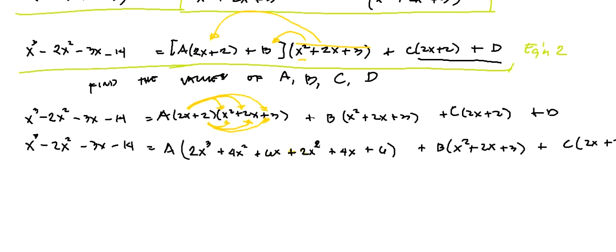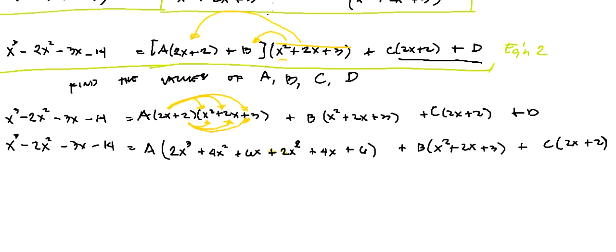Okay, so simplifying this term further, we have A times 2x cubed, 4x squared plus 2x squared, we have 6x squared plus 10x plus 6.